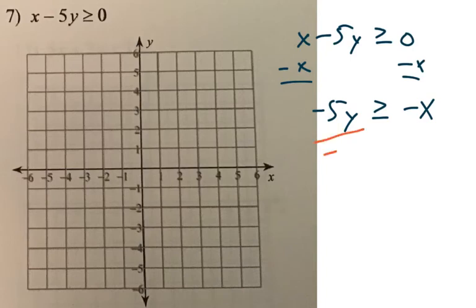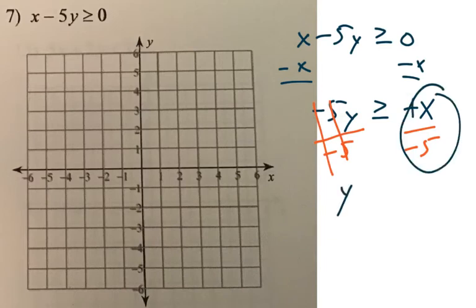To solve for y, I got to divide by negative 5 this time, don't I? So I now have y, and over here, the negatives cancel out. I have x over 5. But guys, what happens when you divide by a negative with inequalities? This has to switch. So greater than becomes less than or equal to.